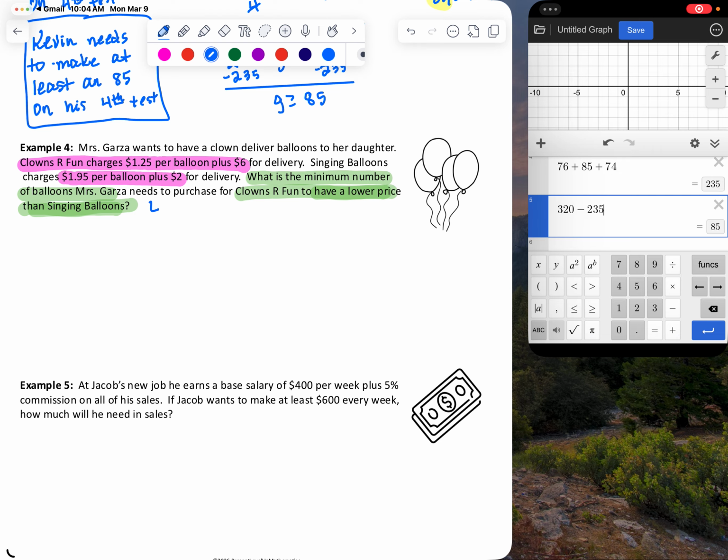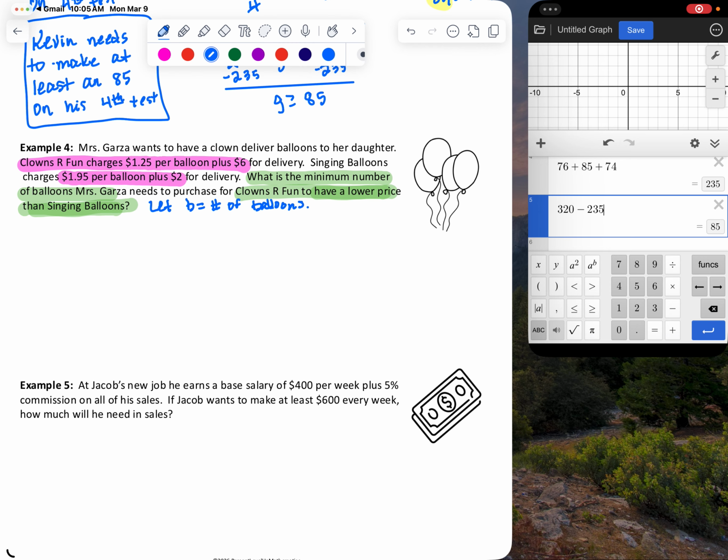So let's let B equal the number of balloons.